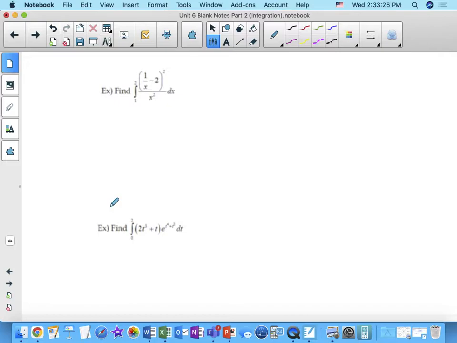So here we have the integral from 1 to 2 of 1 over x minus 2, all squared, over x squared dx. What do you think we have to do here? Yes, something like that. We're going to have to use a trick, or a tool.